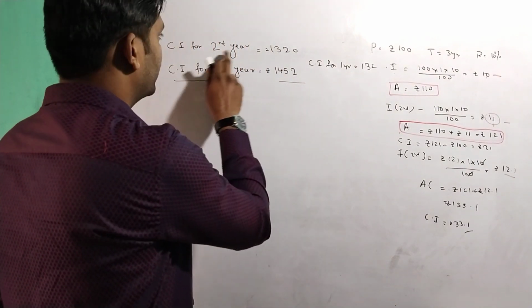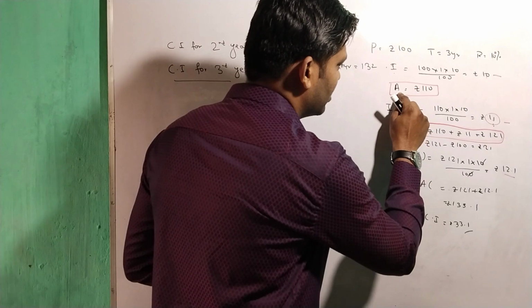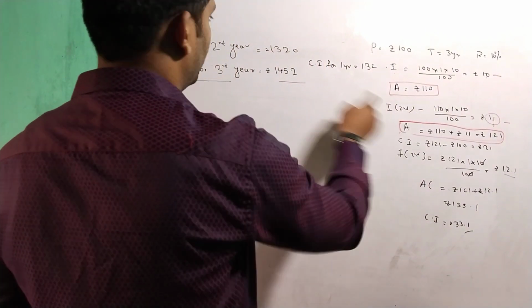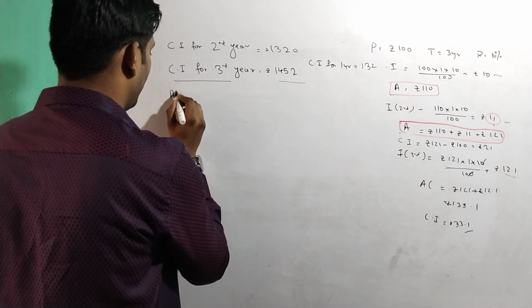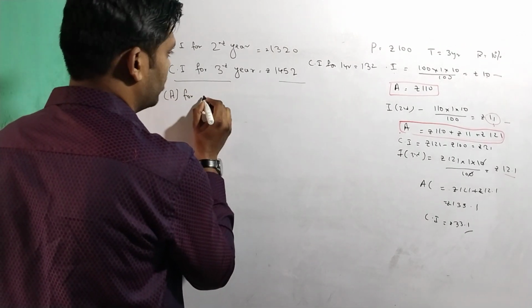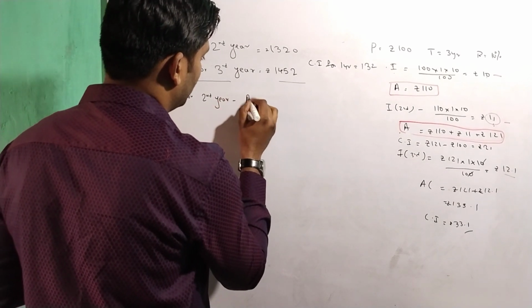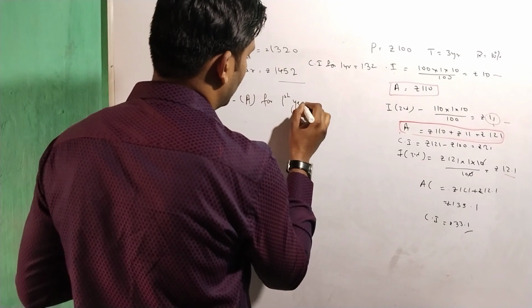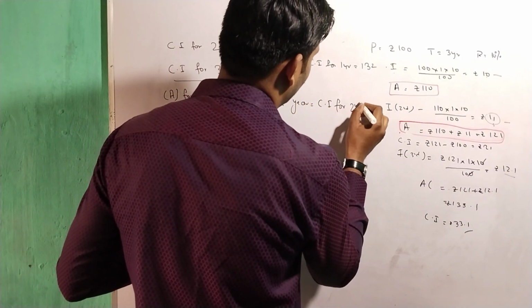Now, compound interest for the second year means I can do amount of second year minus amount of first year. If we subtract, we get that 11 they gave me. So I can write: amount for second year minus amount for first year gives CI for the second year.